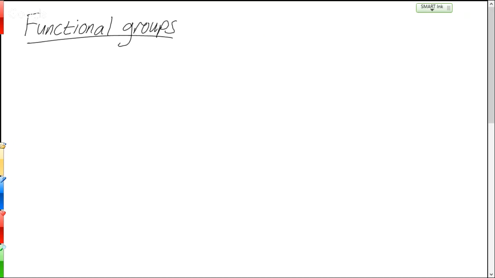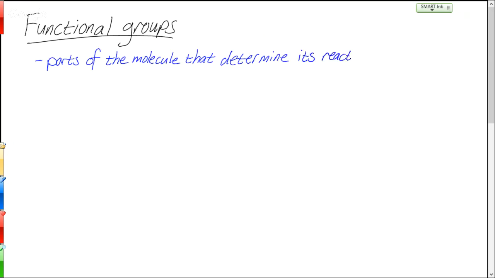So functional groups are parts of the molecule that determine its reactivity.